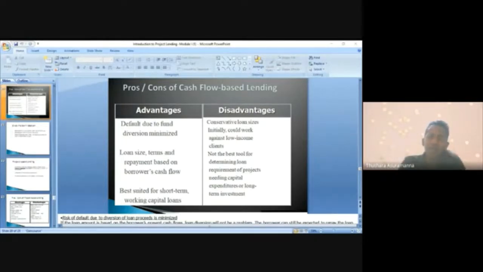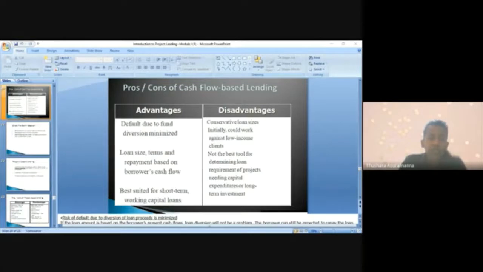But the bank is not in a position to justify your future potential, because today what you are earning is this much. So that works against you. If you are a low income earner, it's a disadvantage. Never mind, we have an answer for that in the next type of lending. But in the case of cash flow, present, current, you don't have an answer for that. So it's a disadvantage for you.